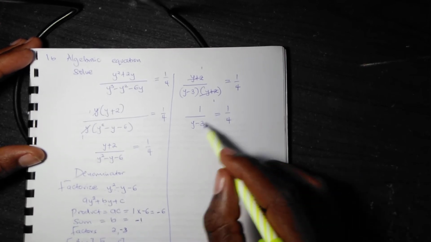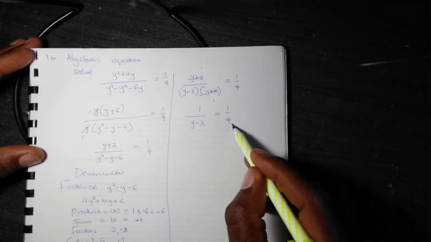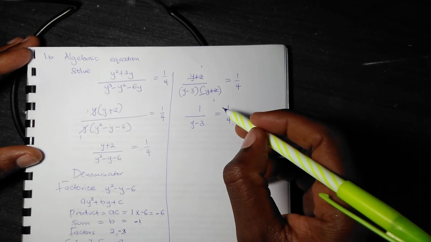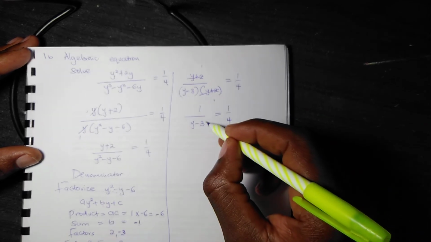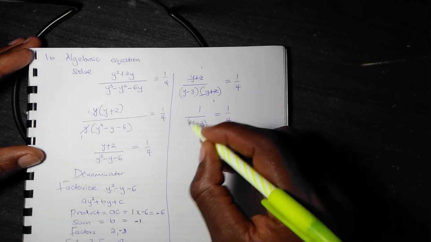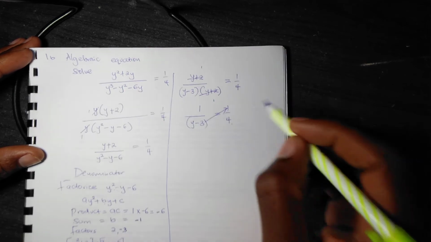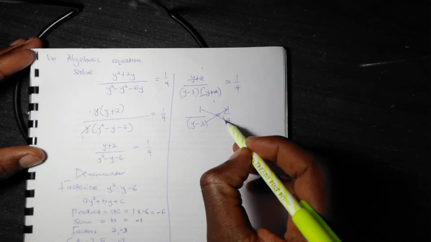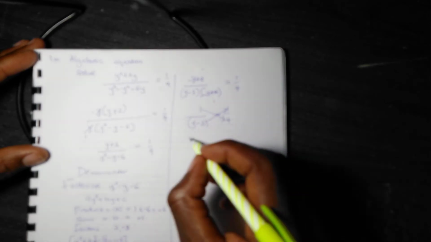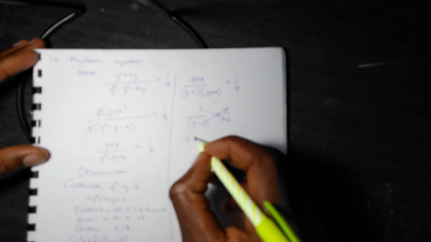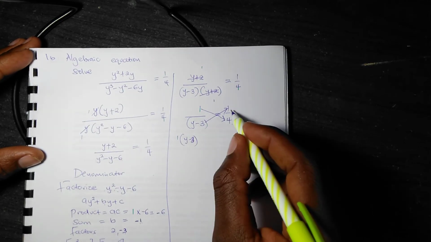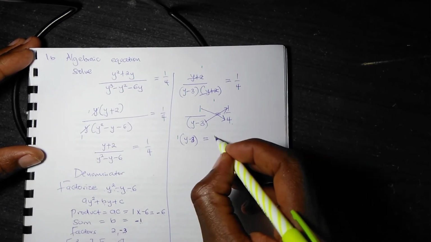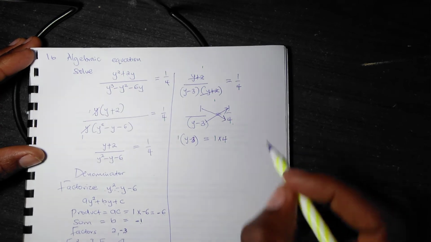For this case, we can now bring in the quarter by doing a cross multiplication, so that y minus 3 goes with 1, and the 1 goes with 4. Therefore, y minus 3 times 1 equals 1 times 4.